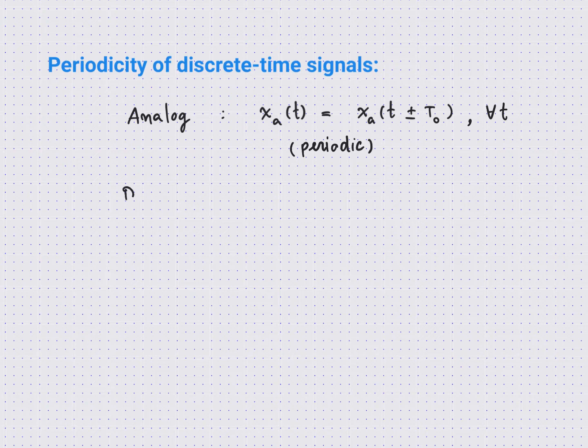But for the digital signal or the discrete time signal, the digital usually means discrete time and discrete value.